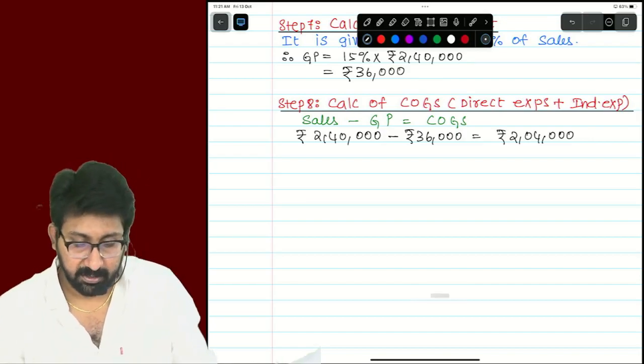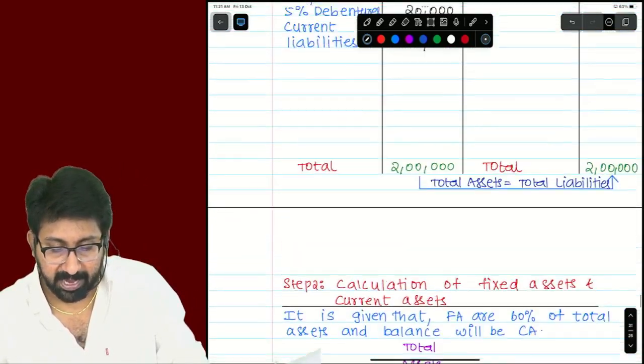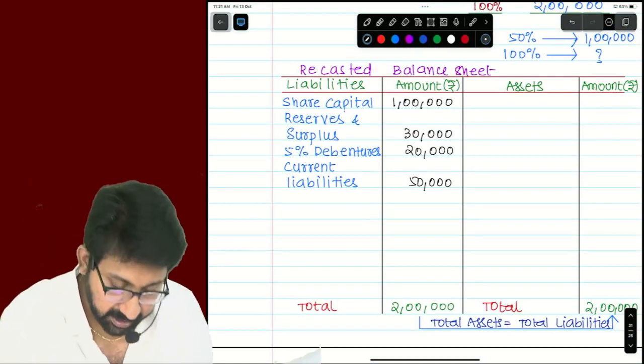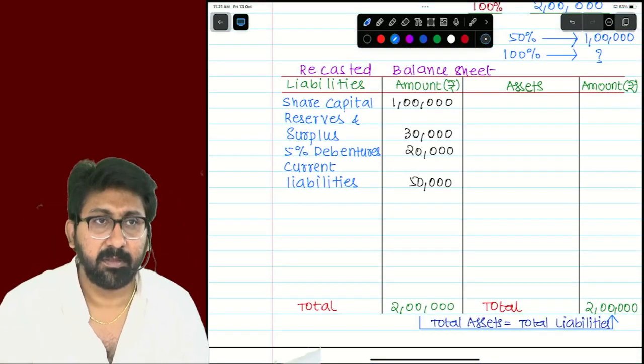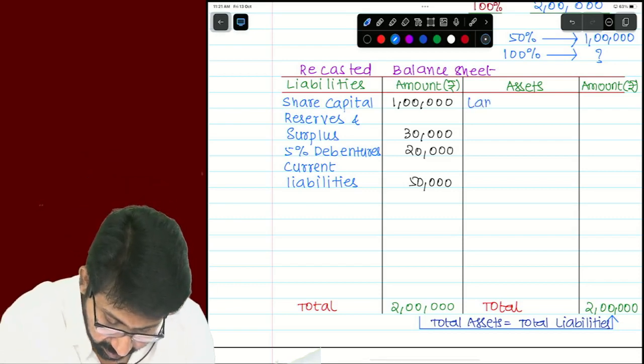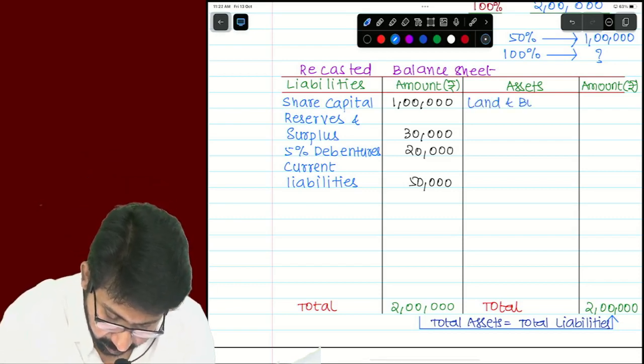Give me one answer. Can you go back and fill the balance sheet? Tell the balance sheet figures now. Everyone, please don't sit idle. First one is what? Write down. Tell the values and write. Land and building, how much?